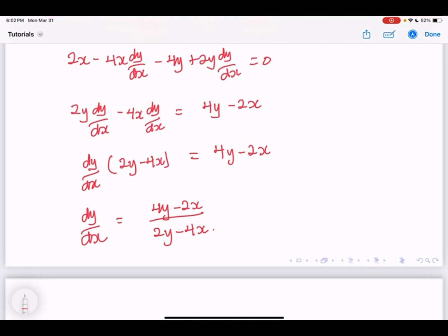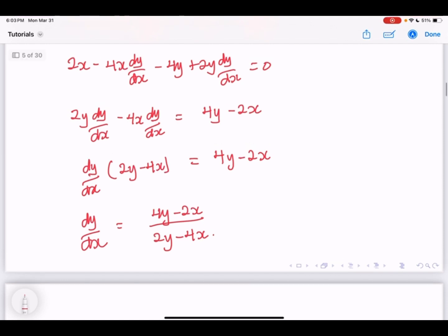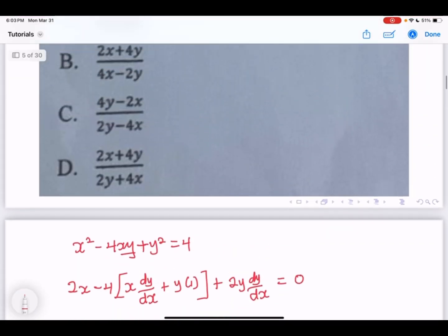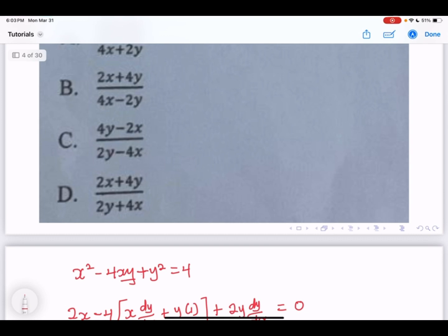So let's go to the options and see if our answer is correct. So now, based on the options, we had our answer to be 4y minus 2x over 2y minus 4x. So our answer is option C.